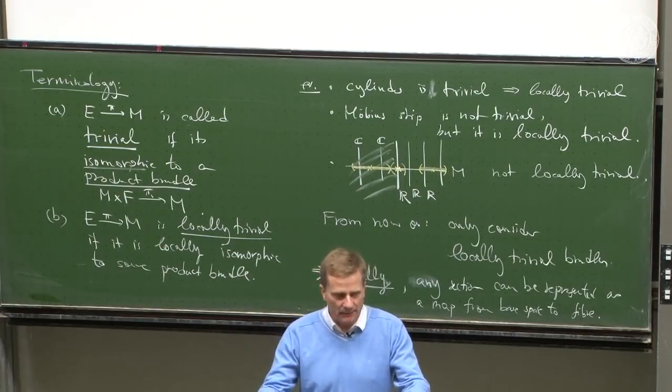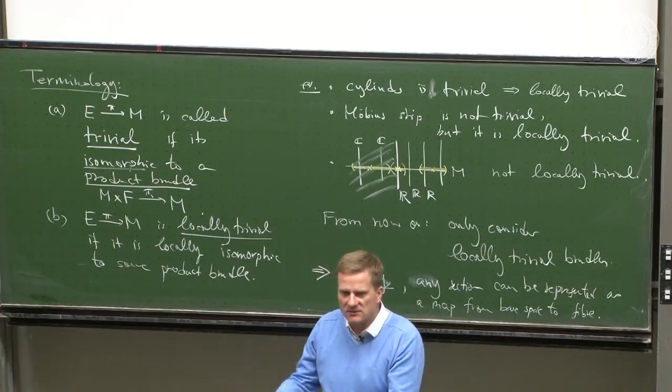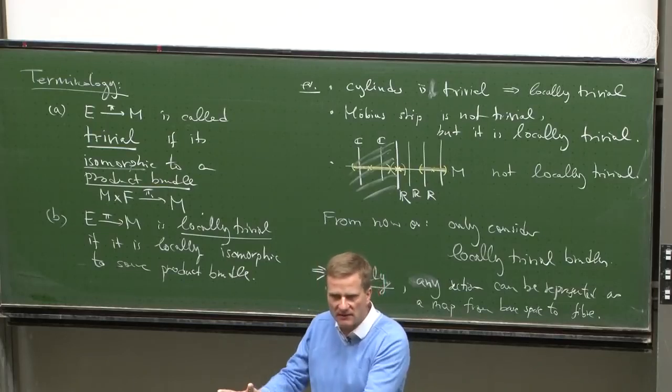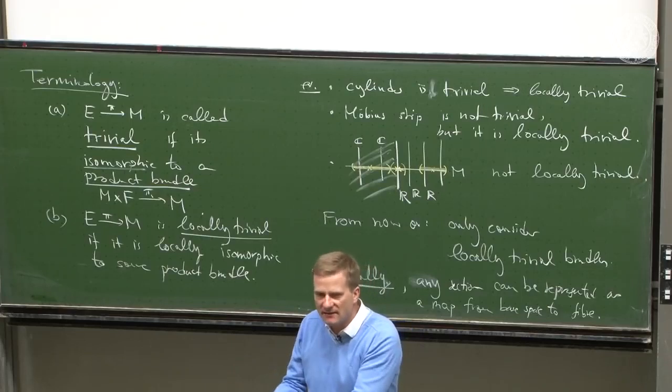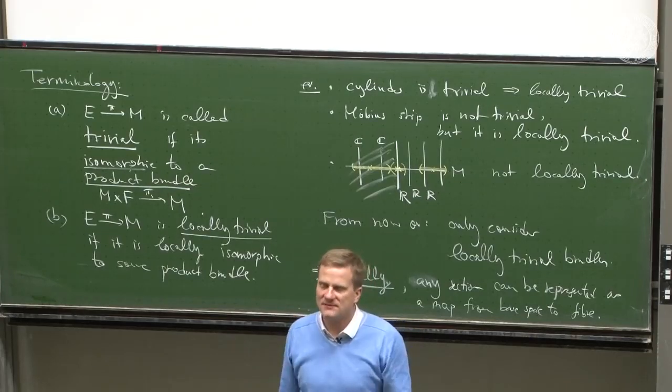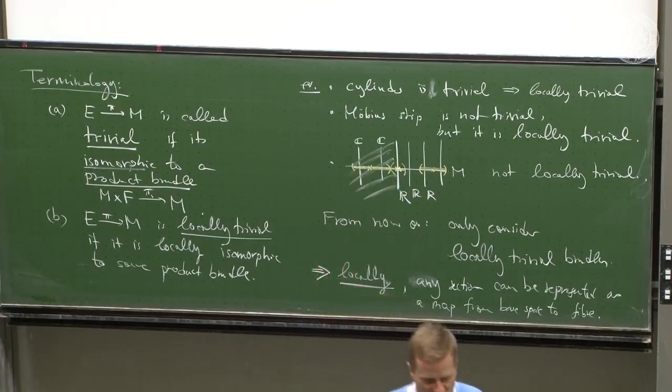It just could happen that on other parts of the physical space, you go to some other patch, you need to choose another function representing the whole global section. Well, if the global section exists at all. We'll come to that. Okay. So that's the triviality and local triviality of bundles.